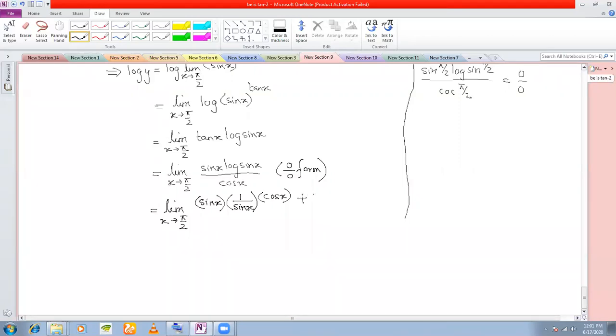Plus log sin x into the differentiation of sin x, which is cos x, whole divided by differentiation of cos x, which is minus sin x. Okay, this is by L'Hospital's rule.